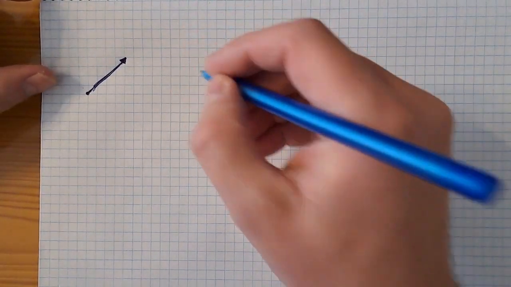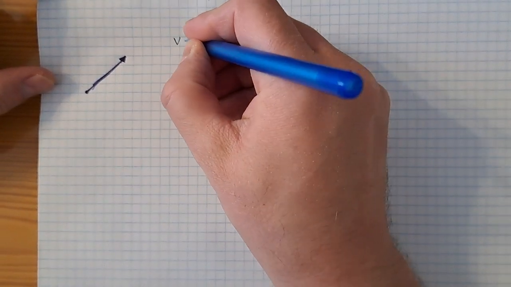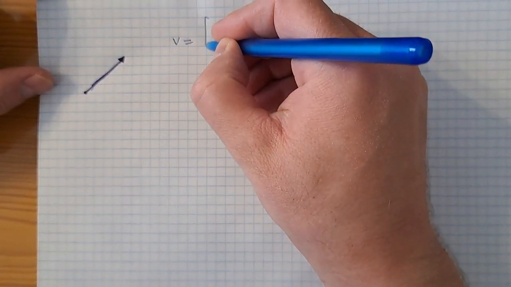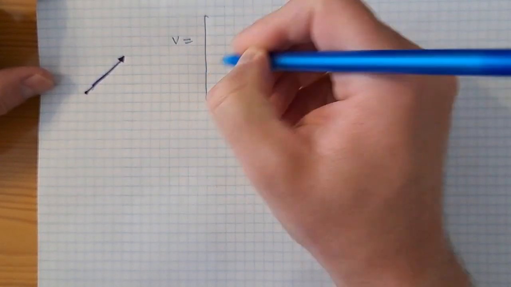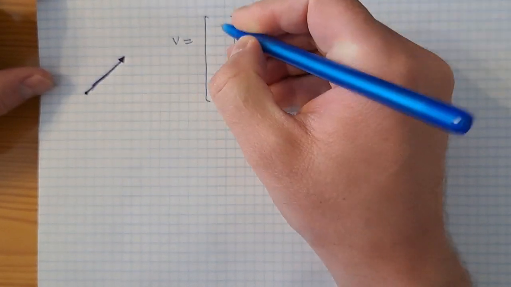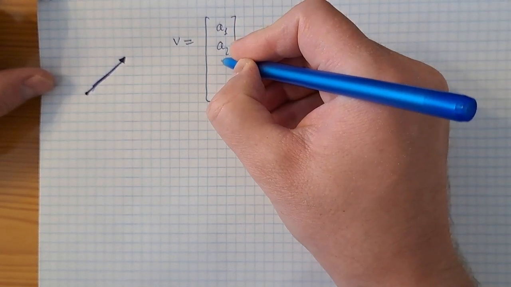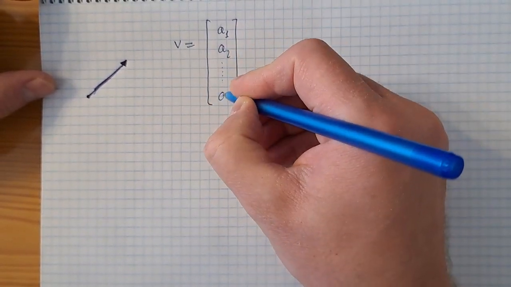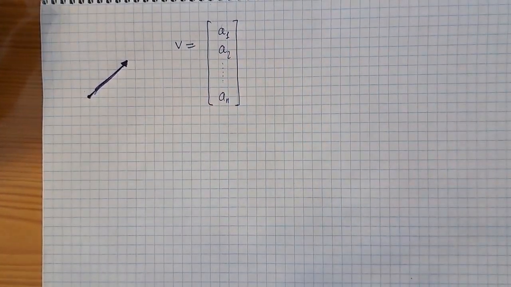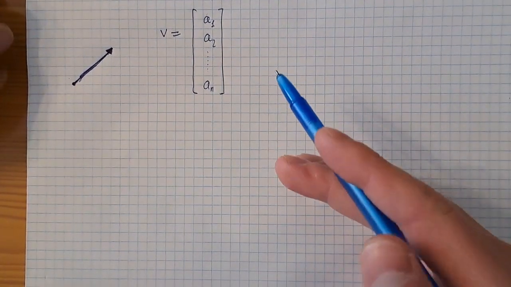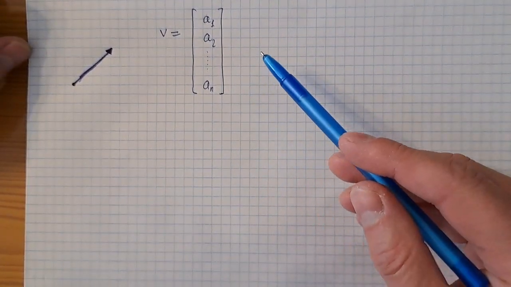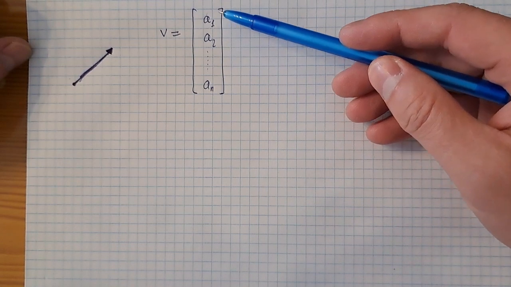So basically, if you say v is a vector, it's just numbers like a1, a2, etc., an. And usually a vector is represented like this, like a column.